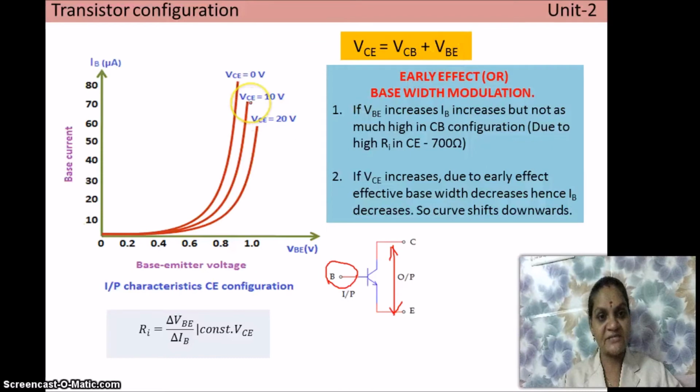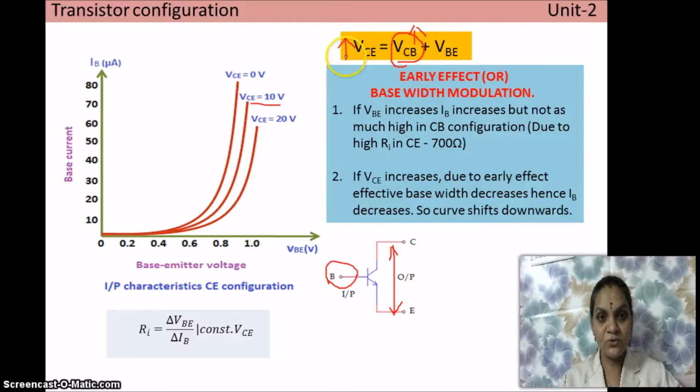In this case, I am increasing the VCE voltage from 0 volt to 10 volt. If VCE increases, what happens? VCB also increases. VCB is the voltage across the collector and base terminals, which is the reverse bias voltage. So this voltage reverse biases the common emitter transistor.